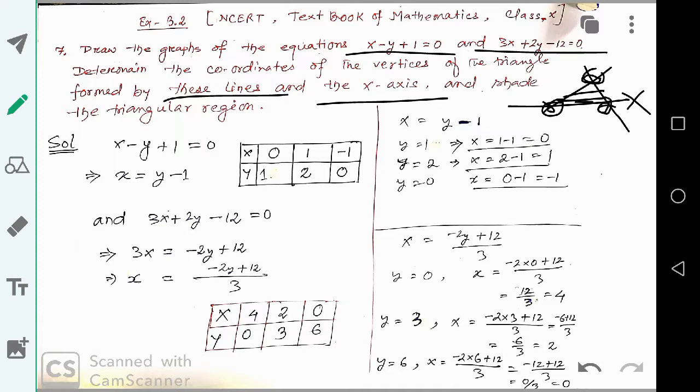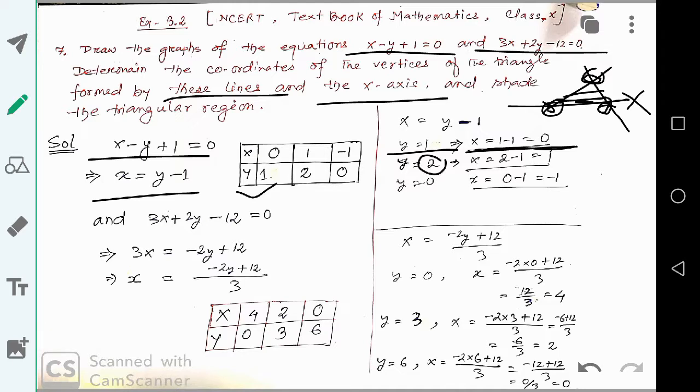The first given equation is x minus y plus 1 is equal to 0. Let me simplify this as x is equal to y minus 1. Let's find three solutions of this equation. Suppose y is equal to 1, then x will be 1 minus 1, that is 0.